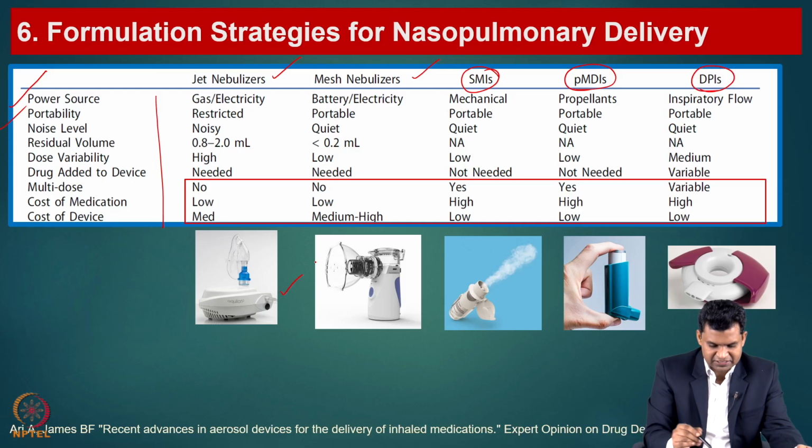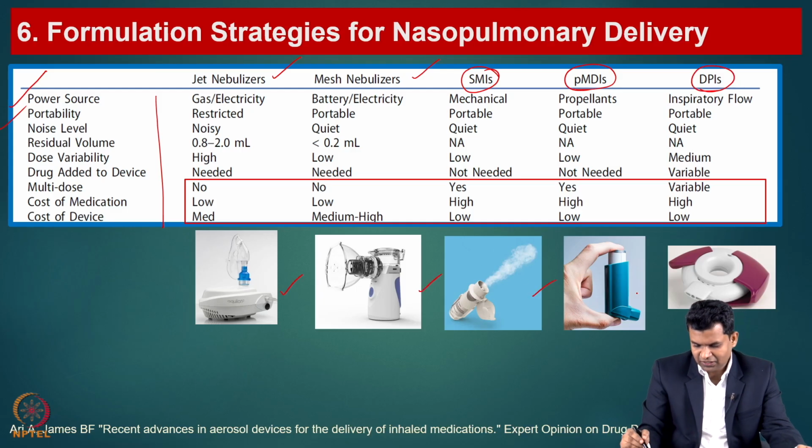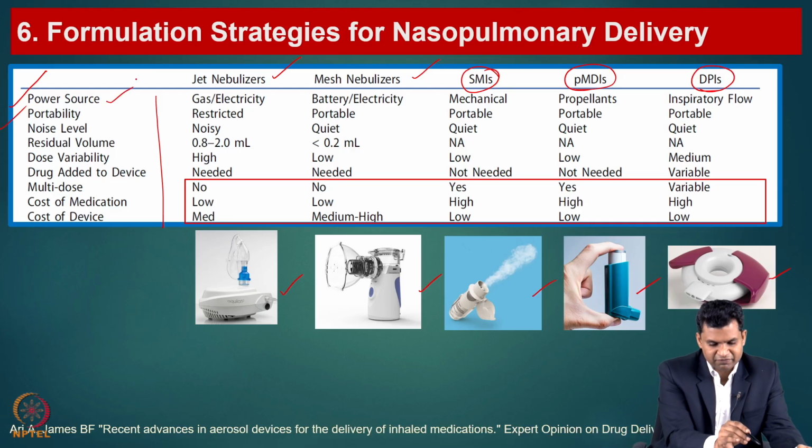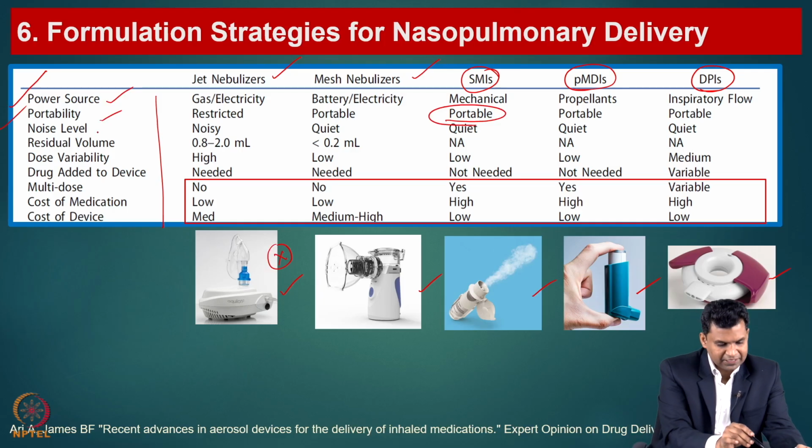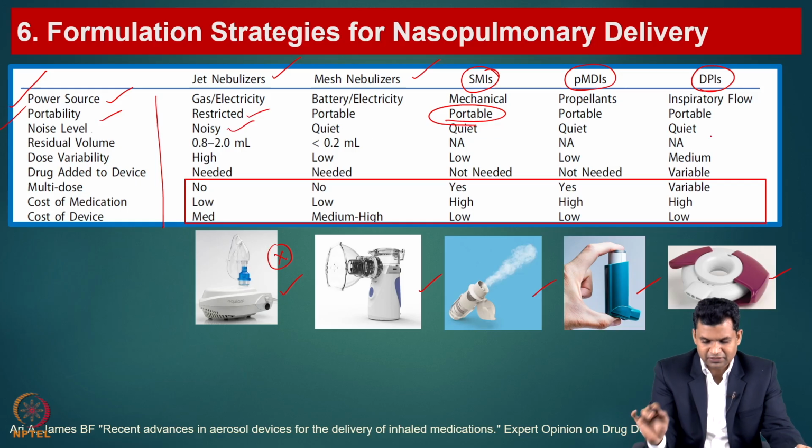These are the various devices, just for understanding how they look. They work on various power sources, and for portability, as I mentioned, some are restricted because the weight will be very high. Most of them are portable, and for noise level, some are noisy and the others are quiet.